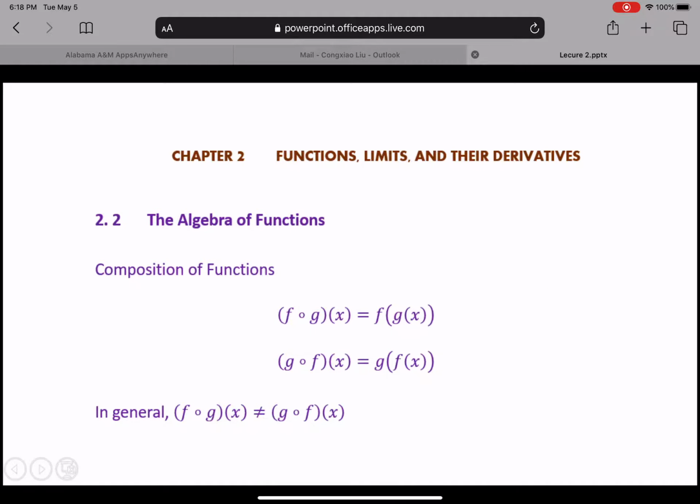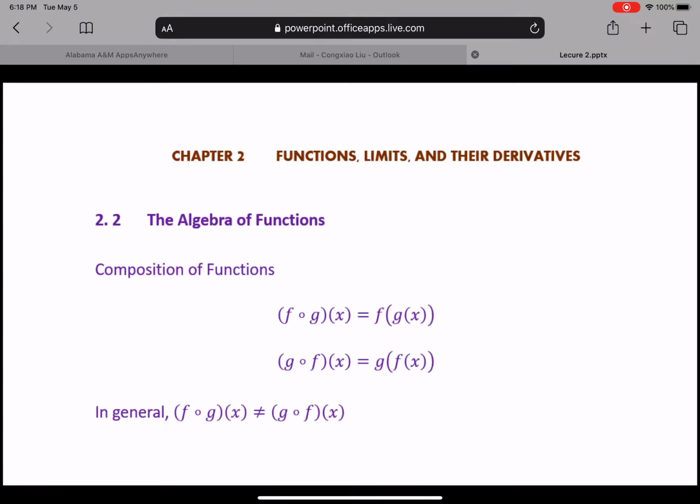There is another operation for functions. We call it composition of functions. The composition of two functions is defined as follows. Suppose we have two functions, f and g. The composition of f with g is defined as f of g(x).